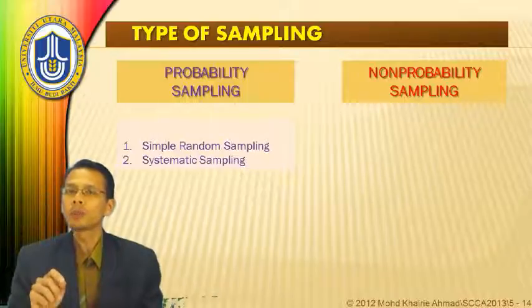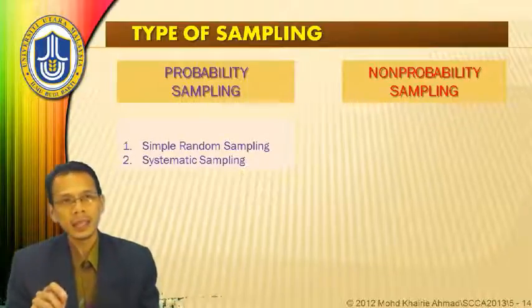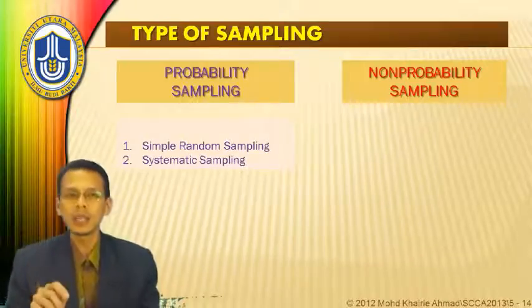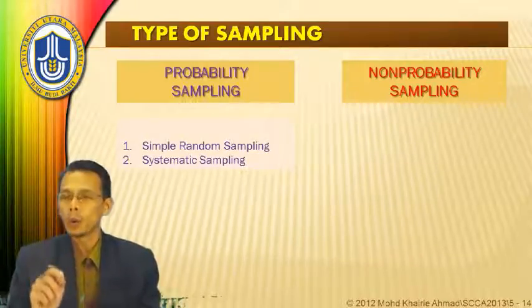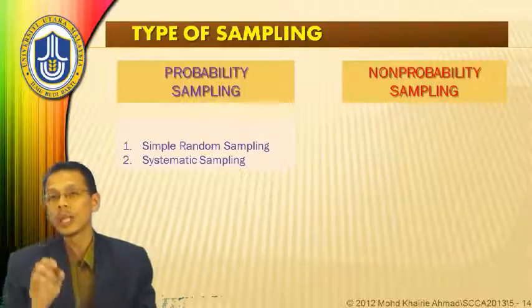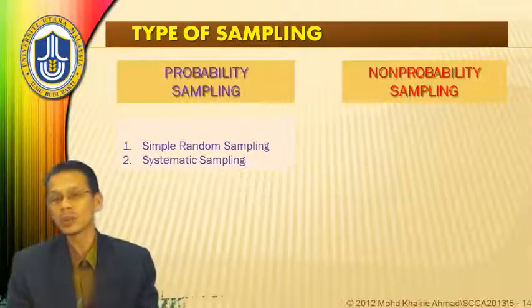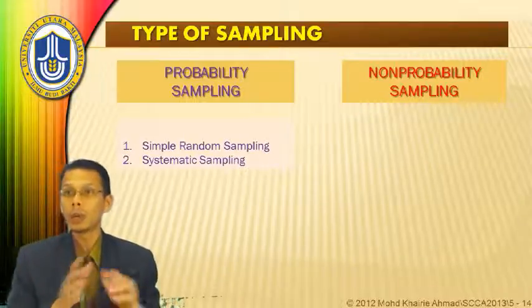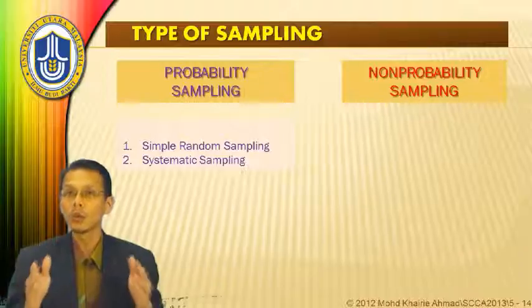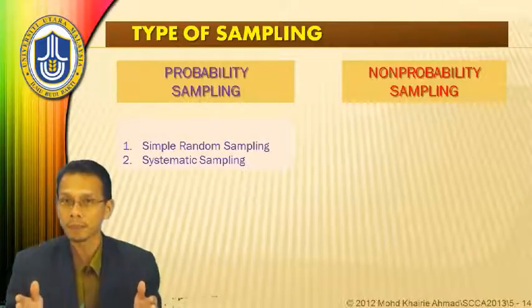Systematic sampling can also be understood as a process of choosing a sample where we have to follow certain rules or criteria. For example, we have 10 people in the population and we want to choose only 3.